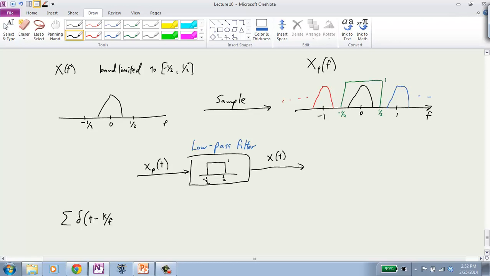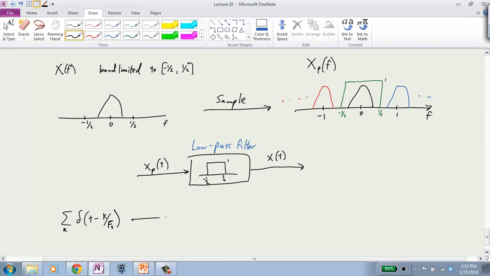So let's say f_s is some sample rate. That's what it means to sample at a higher sample rate: to multiply by this train of delta functions.